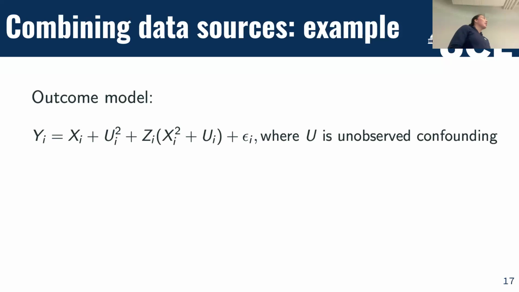Just to give you an idea of what might happen, especially with unobserved confounding, let's say I have an outcome model where the outcome is equal to x_i plus y_i squared plus z_i, which is basically the treatment, x_i squared plus y_i plus some errors, where y is an unobserved confounder.